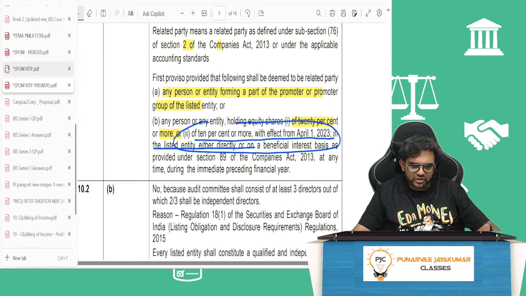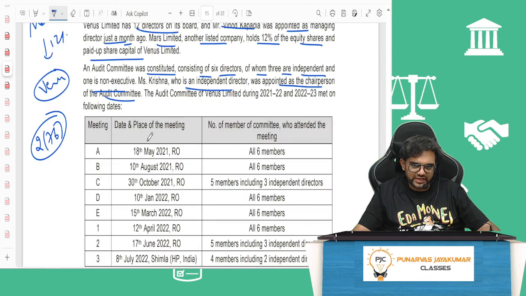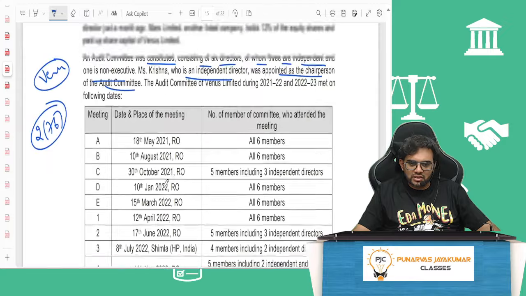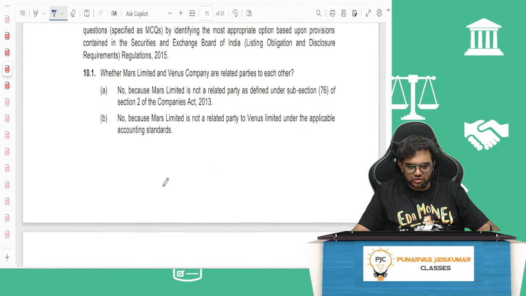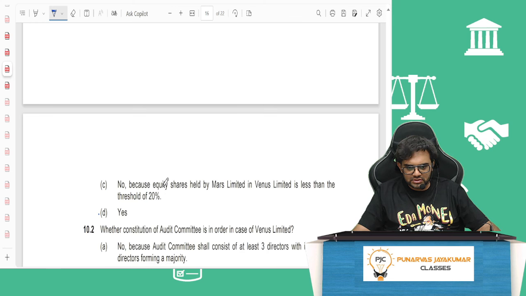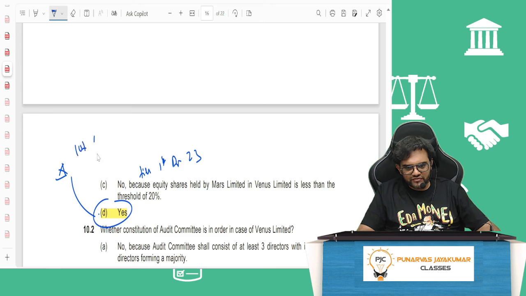In this example, you have 12%. So hence, Venus and Mars are related because it's more than 10%. So question number 10.1 answer is yes. This 20% was till 1st April 23. So it's an important question. Now it is 10% from 1st April 23.